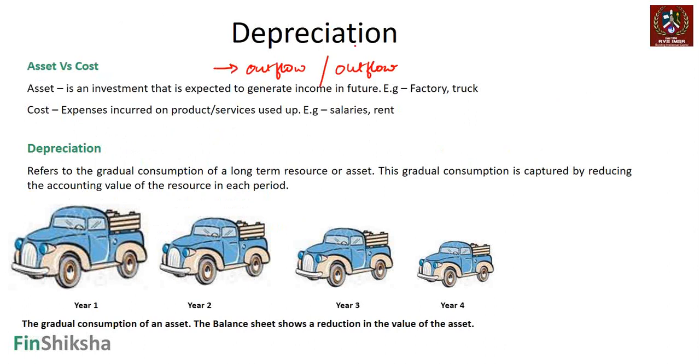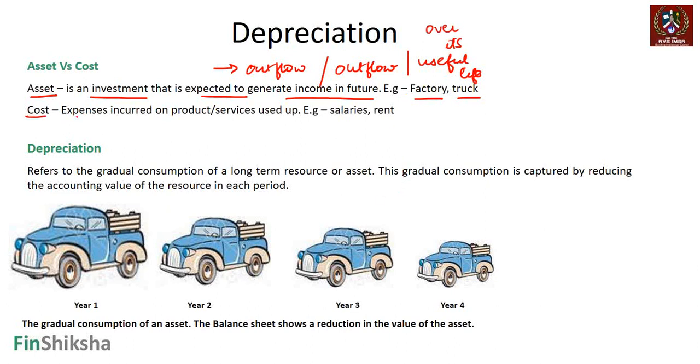The key differentiation is from the concept of useful life. An asset or a long-term asset is an investment that is expected to generate income in the future, for example, a factory or a truck, usually over its useful life. So it will generate money for us over its useful life.